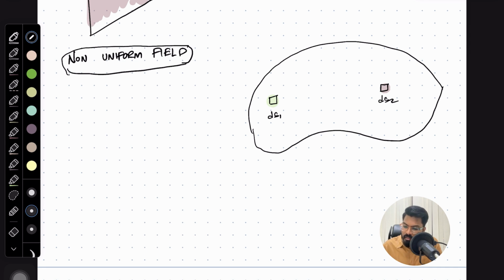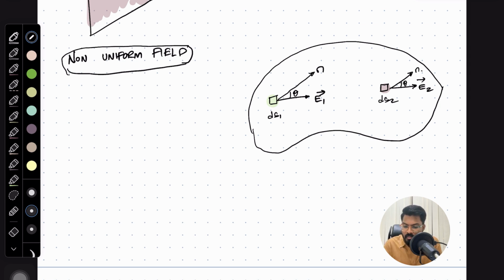The electric field is E1 here and E2 there. E1 vector, E2 vector. So at two different places, the electric field acting is different. That's the difference. Now I'm drawing a normal to this surface, let's say n, drawn towards us, perpendicular. It is making an angle theta.